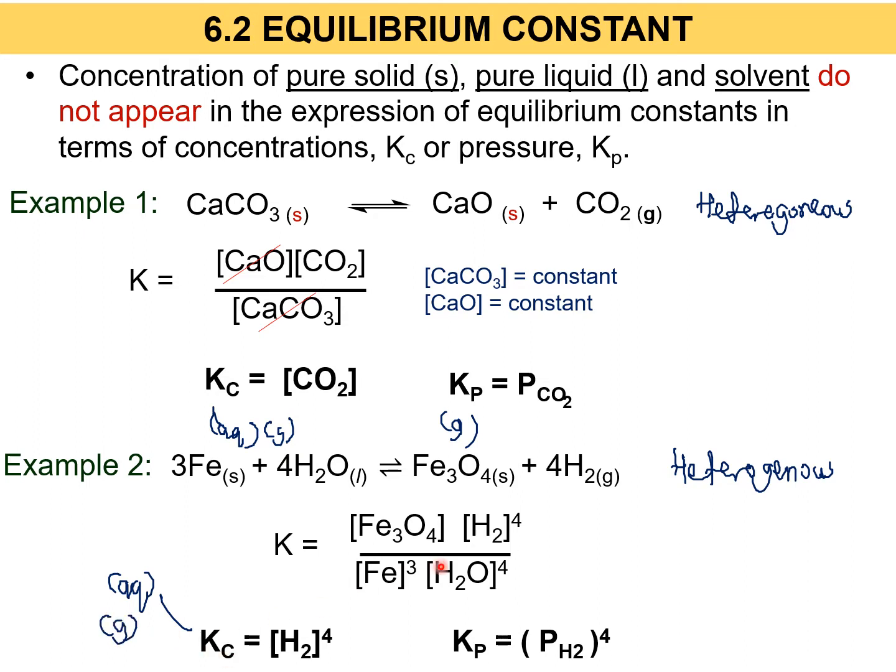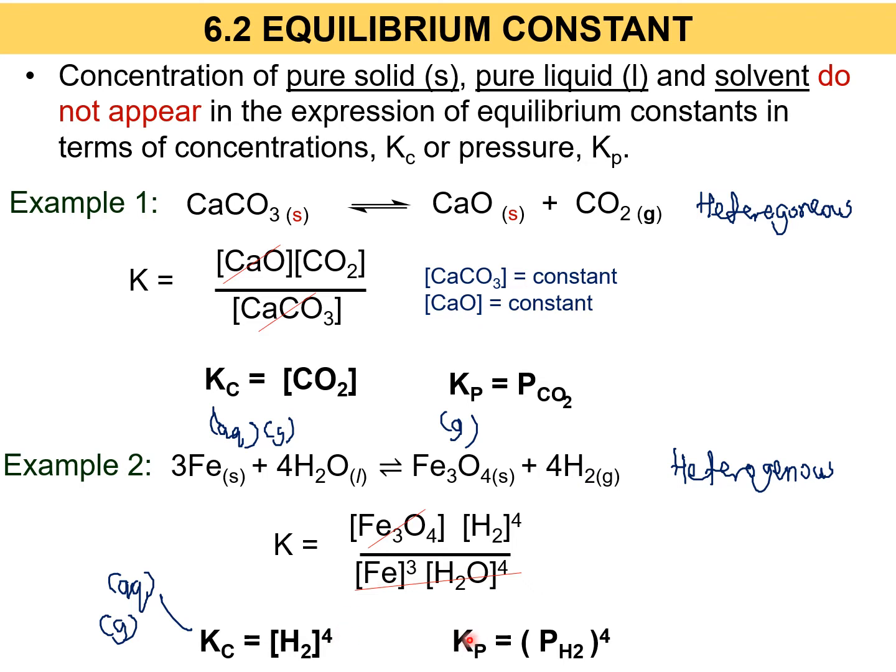Okay, so if you look here, Fe3O4 is in solid phase, so you boleh abaikan. Lepas tu H2O dan juga Fe ni pun in a pure solid and pure liquid phase, so you boleh abaikan diorang dua ni juga. So dia tak akan ada lah, you tak akan include dia di dalam Kc expression. So your Kc expression is just gonna be concentration of hydrogen gas to the power of stoichiometric coefficient dia 4, to the power of 4.